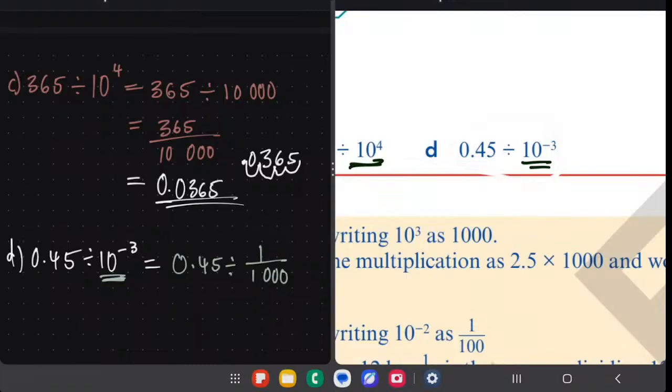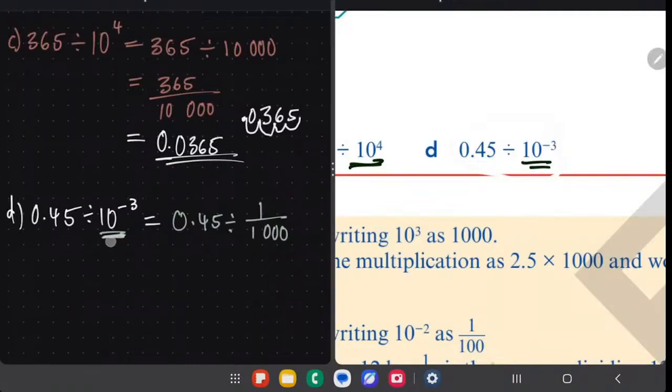Okay? So what you're going to say is, 0.45 divided by 1,000 is the same as 0.45 divided by 1 over 1,000. This is what we have. Okay, this division sign is the same as this one.